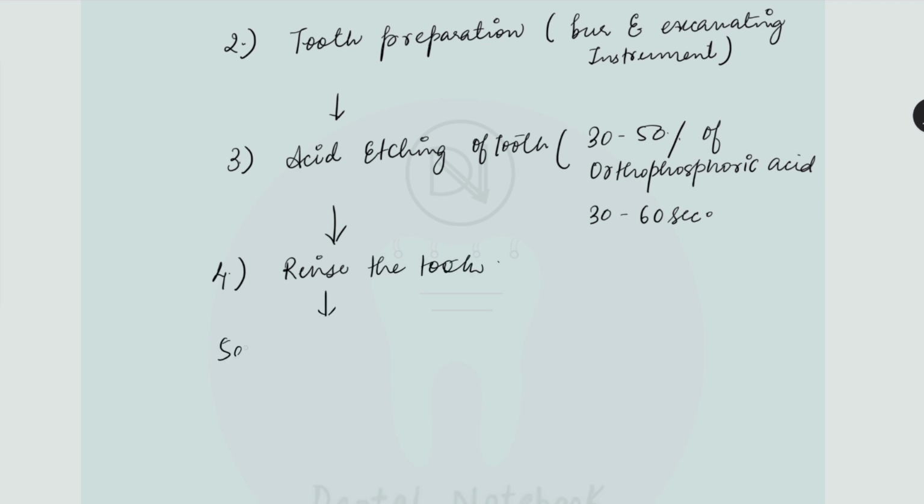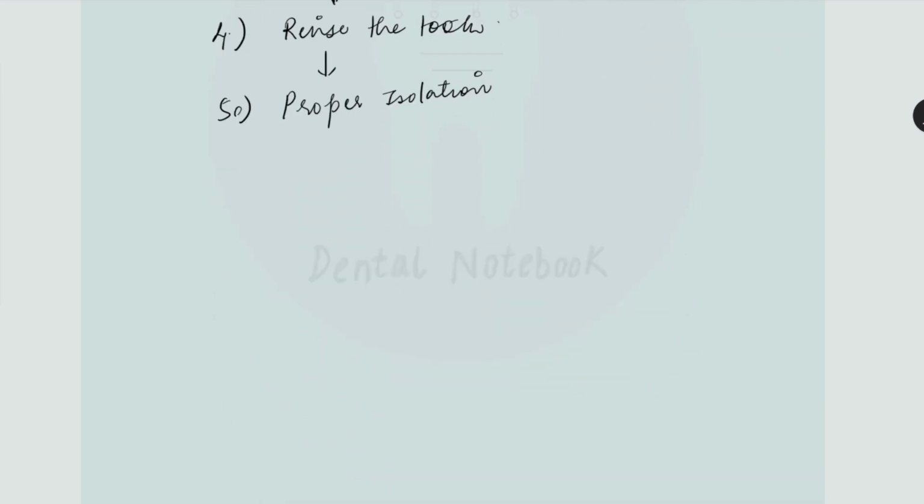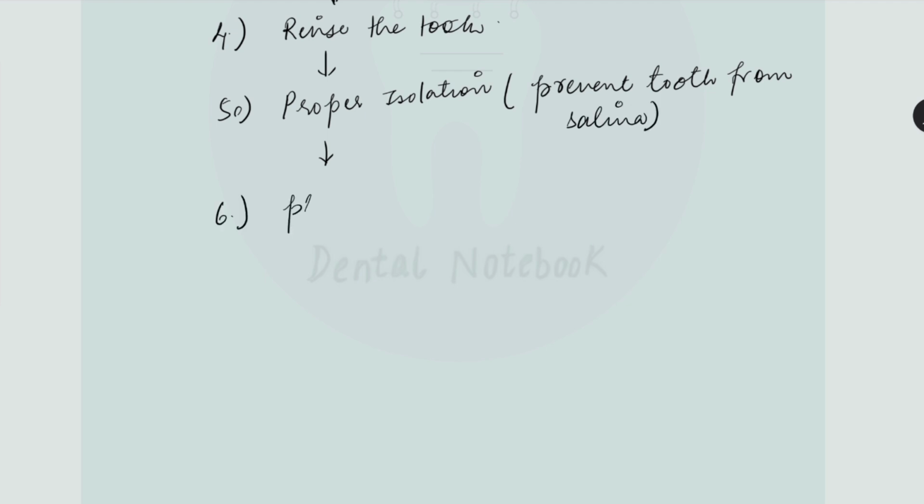You have to give proper isolation, so that you prevent the tooth from saliva. Then you have to apply the sealant. You have to place the sealant. Okay. Then evaluate the sealant.